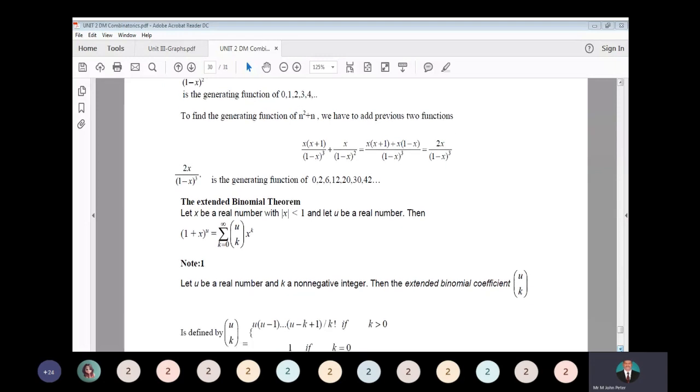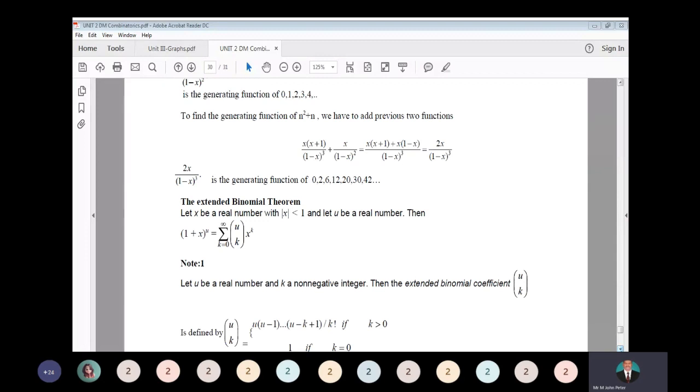The extended binomial theorem: let x be a real number where modulus of x is less than 1 and let u be a real number, then (1 plus x) power u is equal to summation k equal to 0 to infinity u C k into x power k. That is the binomial coefficient u C k.